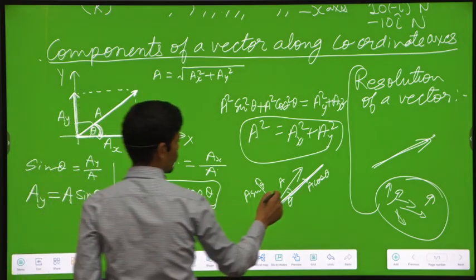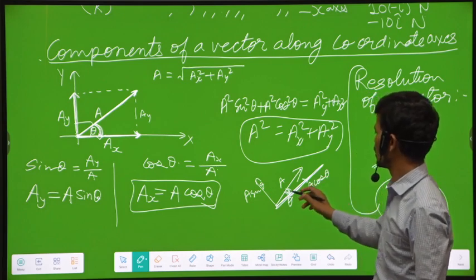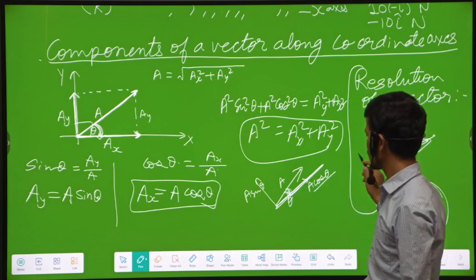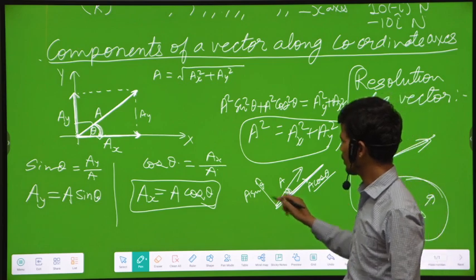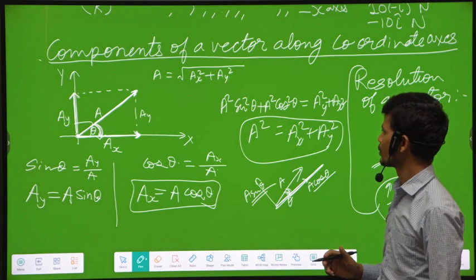So the component along the axis along which the angle is given will be the cos theta component, and the perpendicular to it will be the sin theta component.